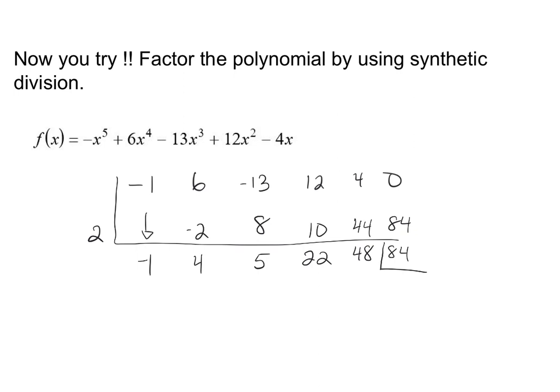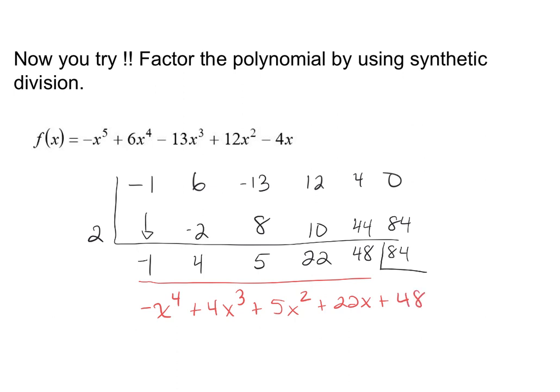So you may not know what to do with your remainder when writing your polynomial. So we're going to start off with -x to the fourth plus 4x to the third plus 5x squared plus 22x plus 48.